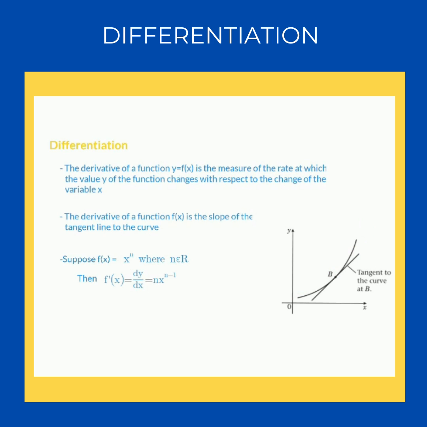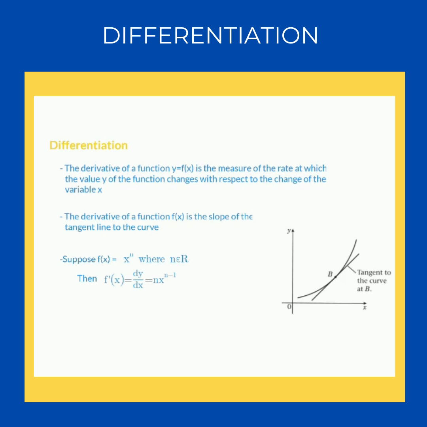So if I find the derivative of this curve and substitute a certain value of x, the answer will be the gradient of the curve at that certain point. So the derivative of the function f of x is the slope of the tangent line to the curve. So instead of using the formula, I can derive the function and then substitute a certain value of x to find the gradient at that certain point.